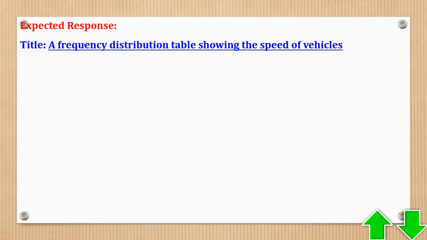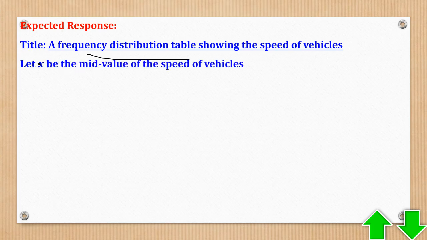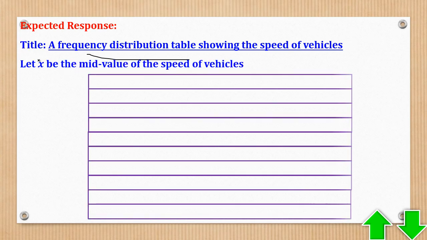That table must have a title. So that will be our x. Then you can come and tabulate speed. What we use as classes, we use what is in the question. So for speed, we shall give what is in the question.